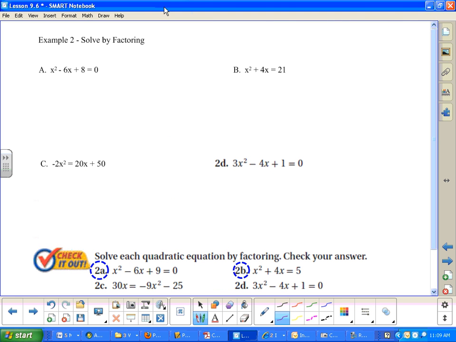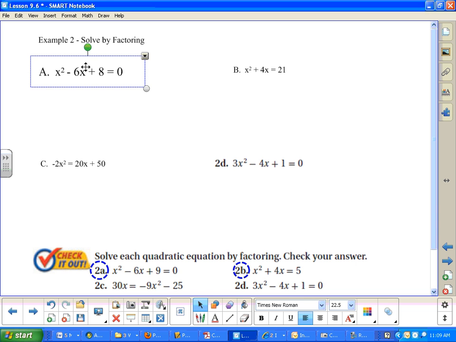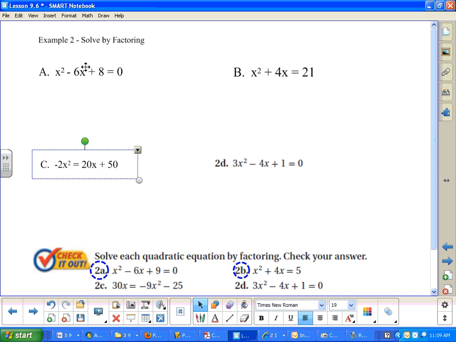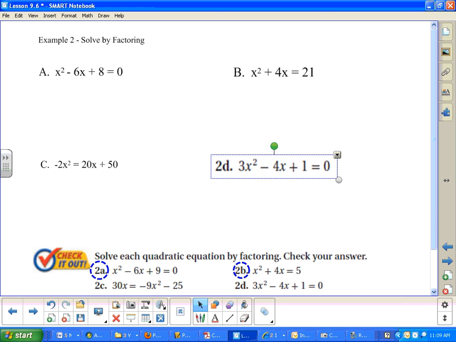All right, so we're going to do the same thing, solving by factoring, but we're actually going to have to factor the quadratics first. So there's a couple things you have to remember when you're doing this. One of them is that we need to have it equal to 0 before we start.